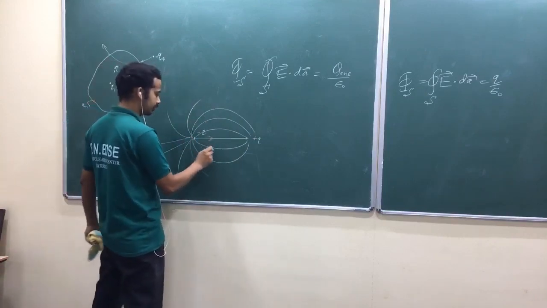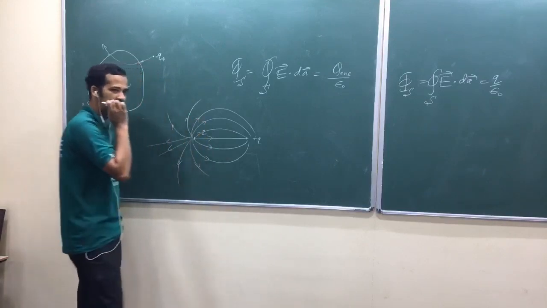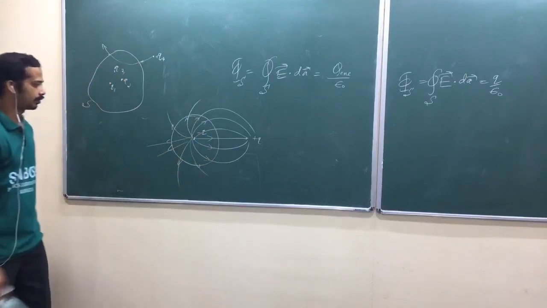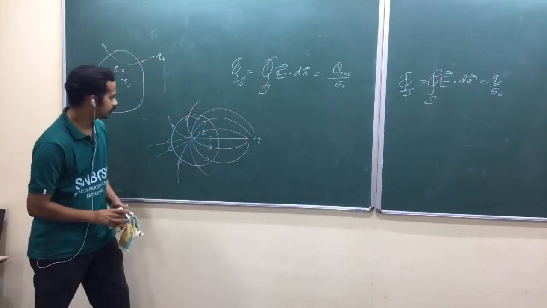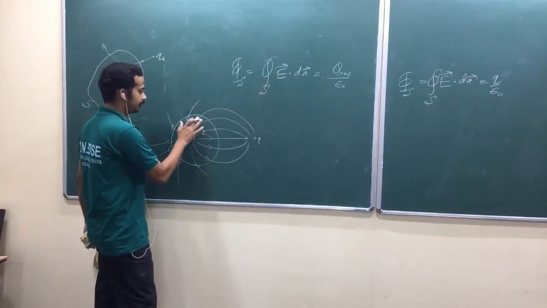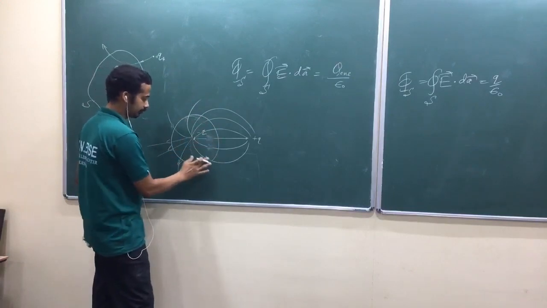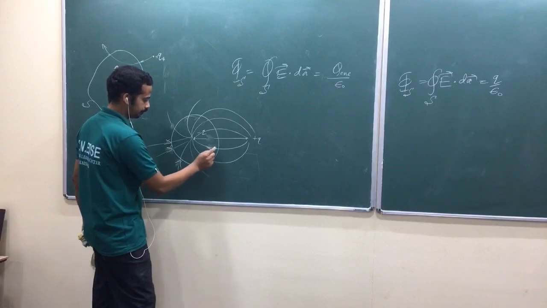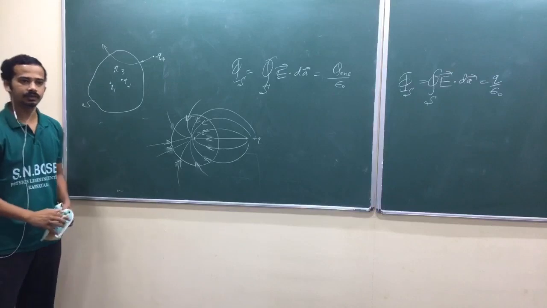Like this, isn't it? So then also the number of field lines, the flux, is the same. That's equal to minus Q by epsilon. Wait a second, I made one mistake. The field goes from positive to negative, am I right? From positive to negative. Then also it is the same.